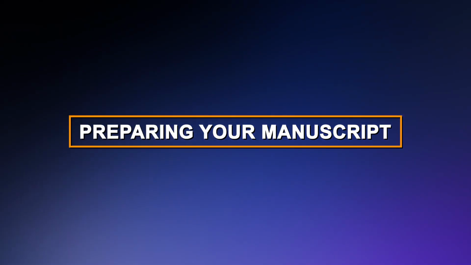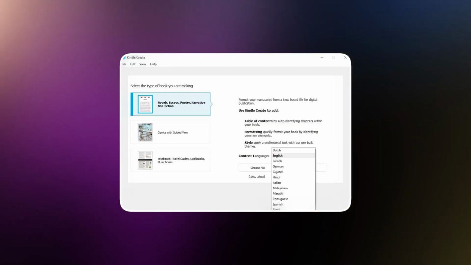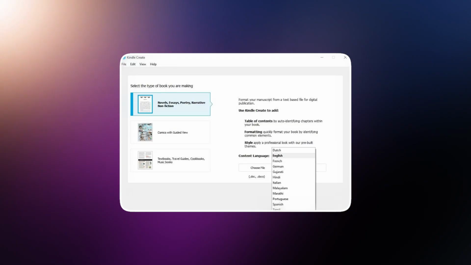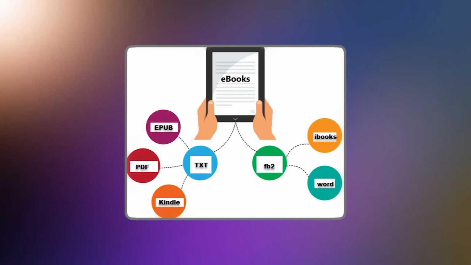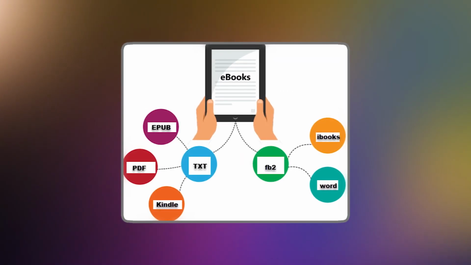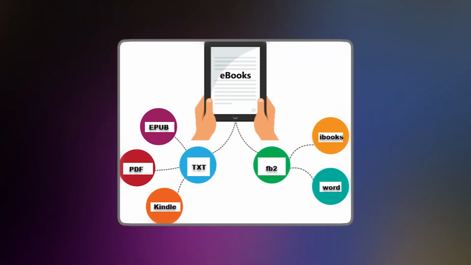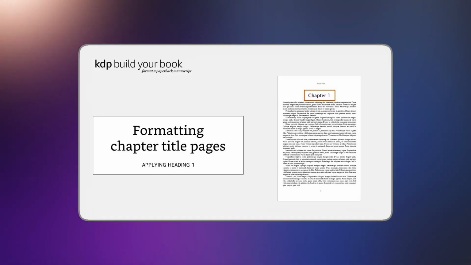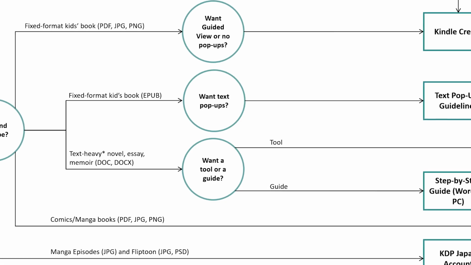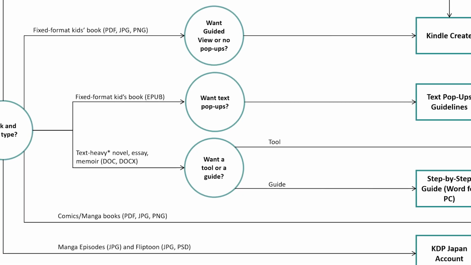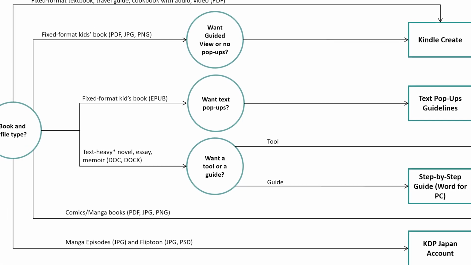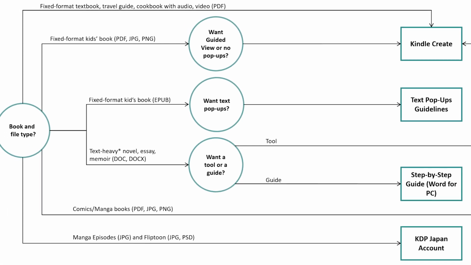Preparing your manuscript. Before you publish, your manuscript must be properly formatted. For ebooks, common formats include Docs, EPUB, or MOBI, with a clean structure, consistent fonts, and proper chapter headings. Amazon provides detailed formatting guidelines to ensure your book looks professional on all Kindle devices and apps.